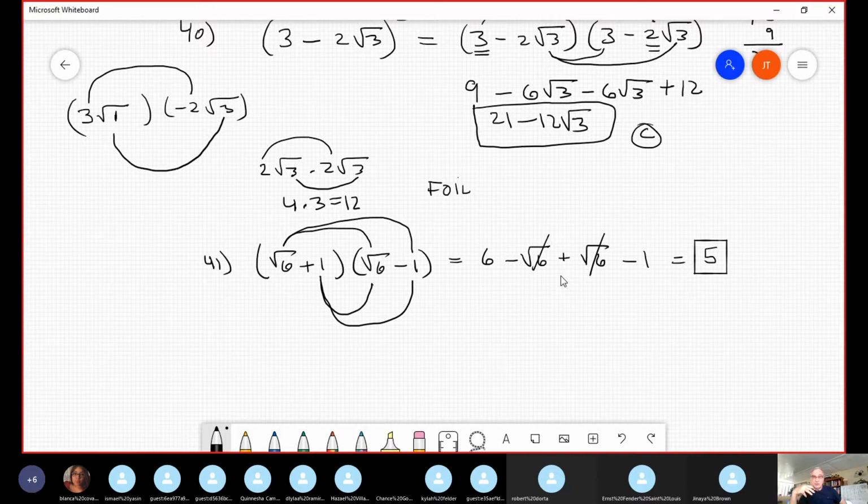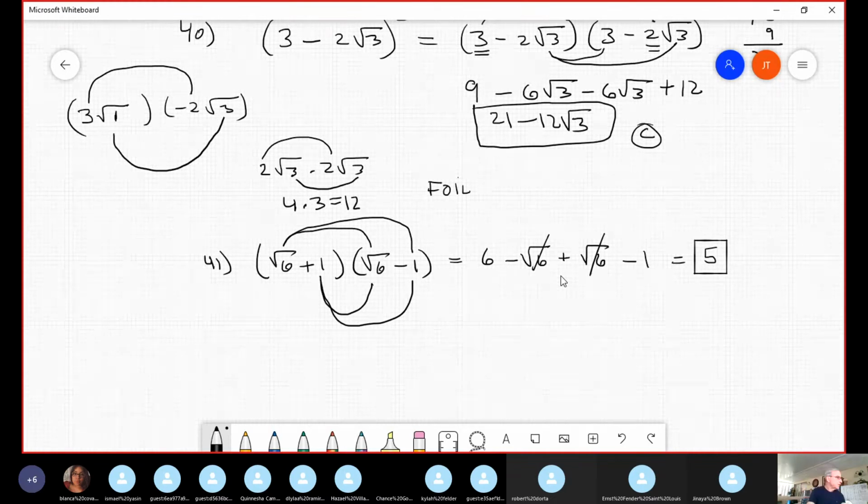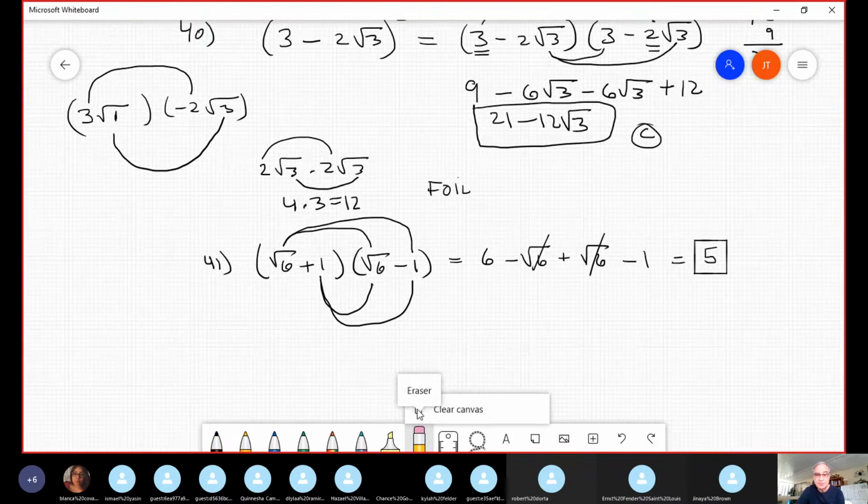In order to create the smart one, we use the conjugate of the expression in the bottom, and magically the radical disappears. That's 41. Let's practice rationalizing the denominator, including the binomial. Remember the conjugate idea. This is important.